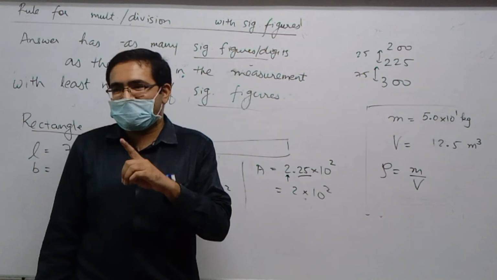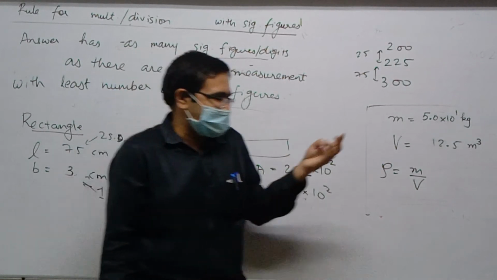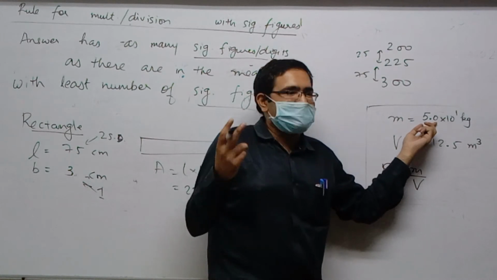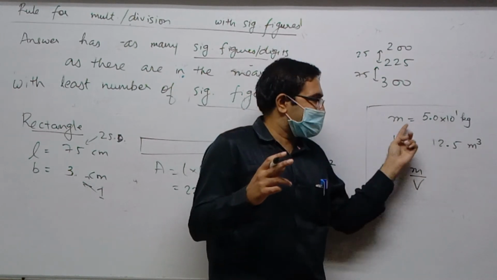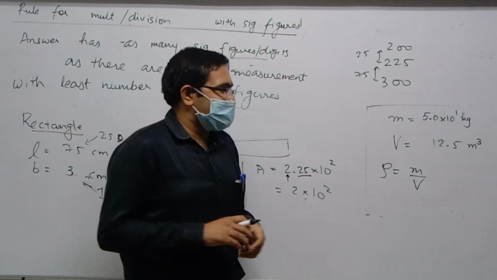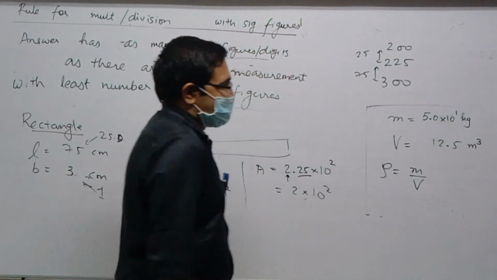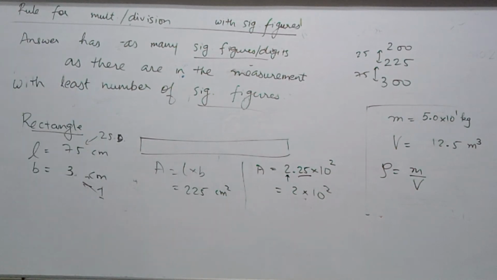Like I said, you have to know the rules at least. So 0 is significant. 2 digits are significant. Here, how many significant? 3. Very good. Which is less? So the final answer should have 2 significant digits. So try to write the answer in 2 significant digits.